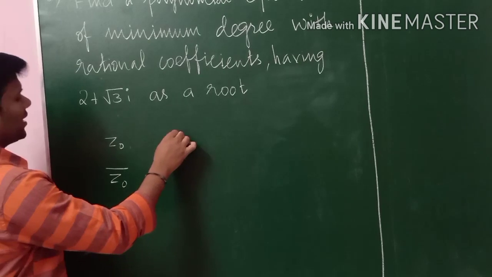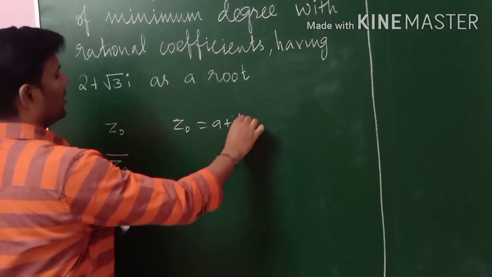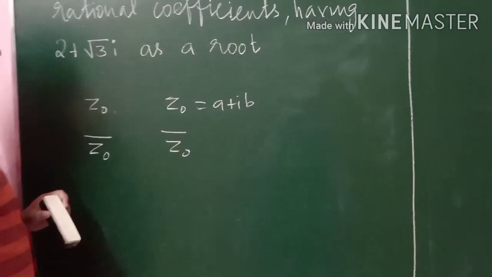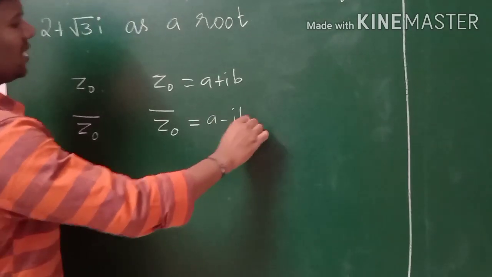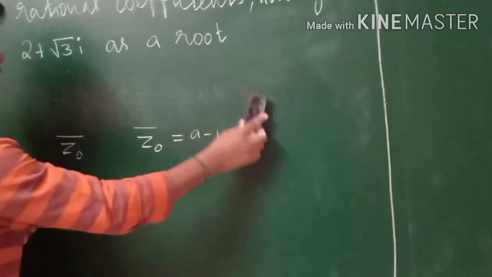Yes or no? அதாவது z0 is equal to a plus ib. If a root of the polynomial equation, then its conjugate z0 bar is equal to what? A minus ib is also a root of the same polynomial equation.